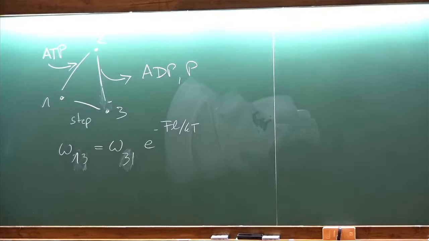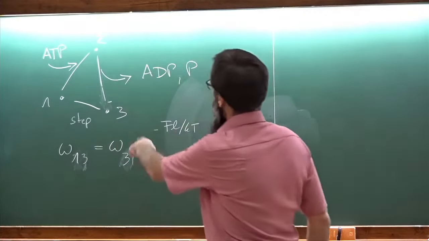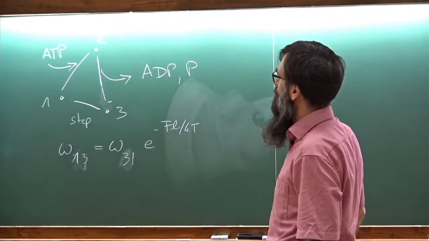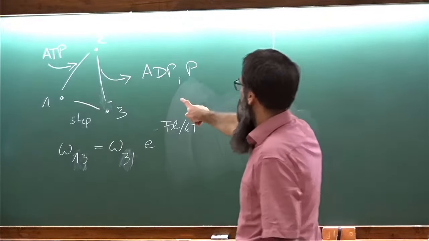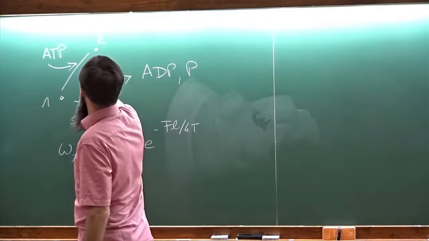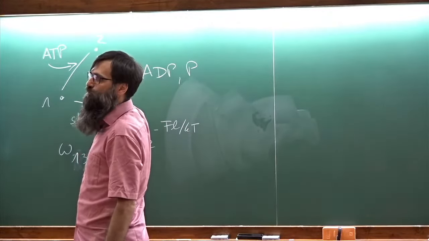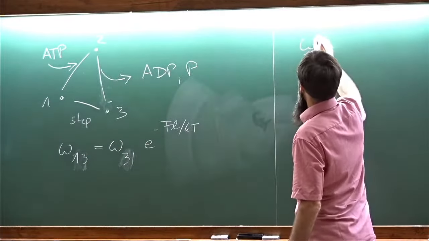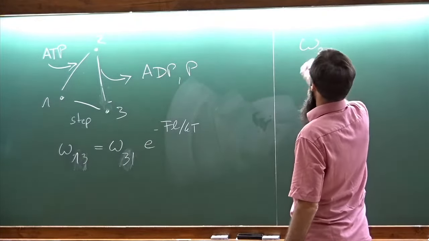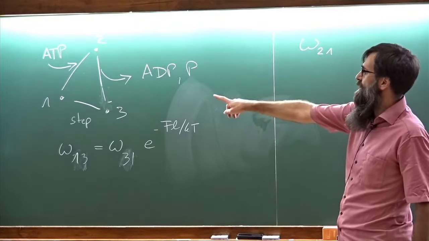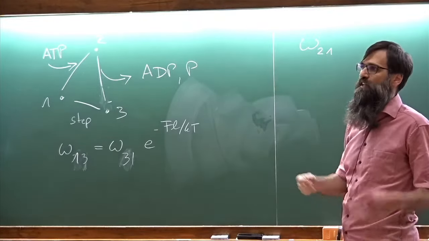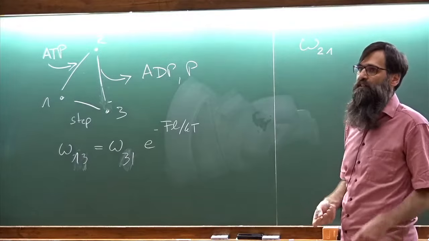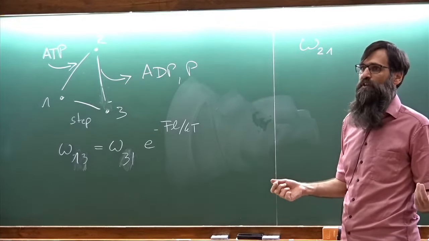That's the first thing. The second thing that I want to do with this system is that I have rates here and here that depend on molecules that come in. My rate omega 1,2, the rate with which I go from 1 to 2 and where the ATP comes in, has to depend on the ATP concentration.